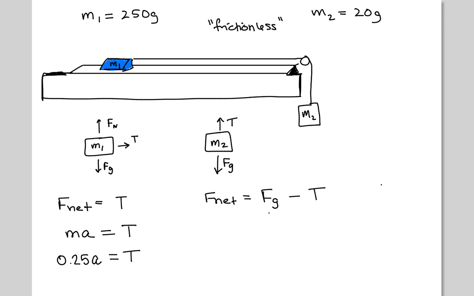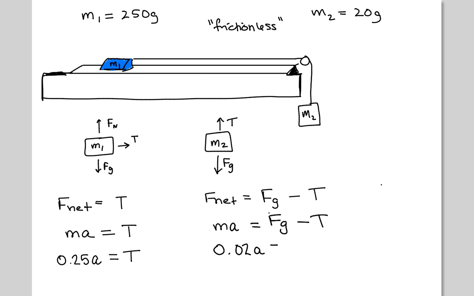Now what's the next step on this? Once you get all the forces involved, you switch F-net to MA. In this case, M is 0.02.